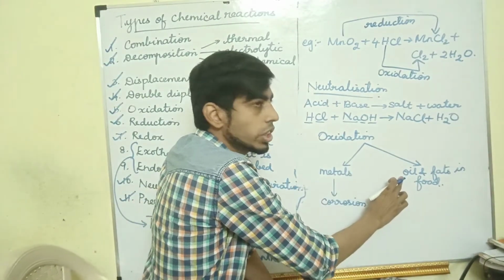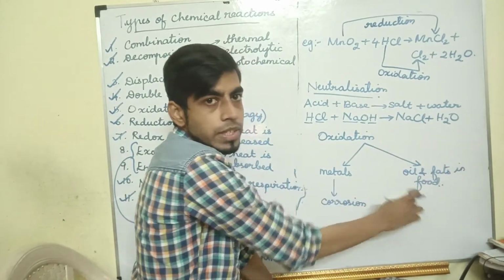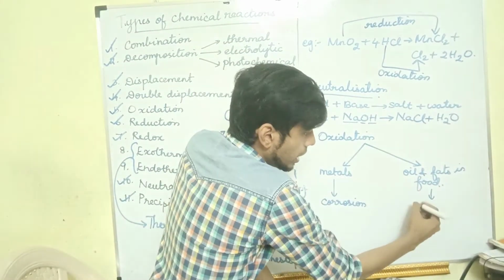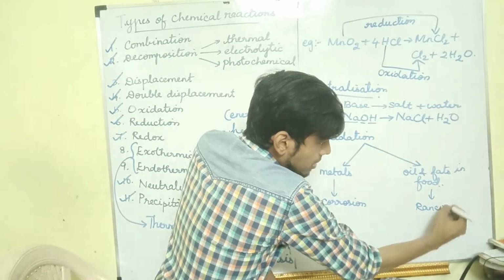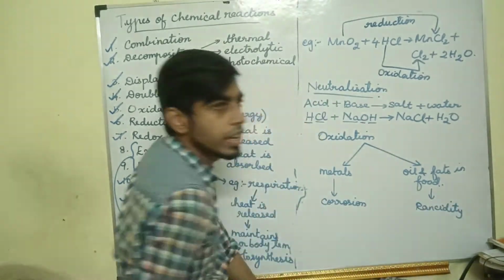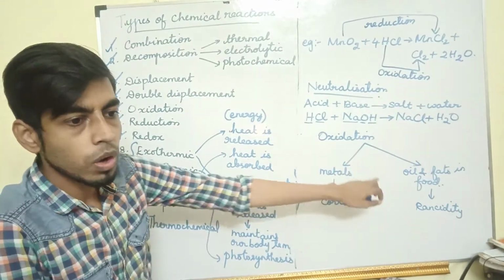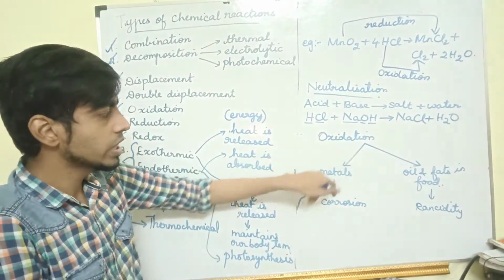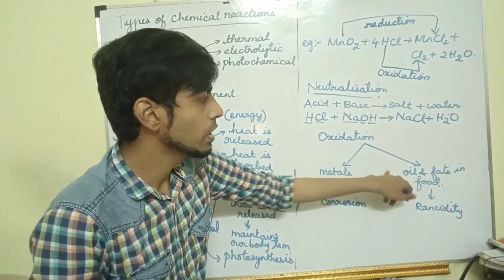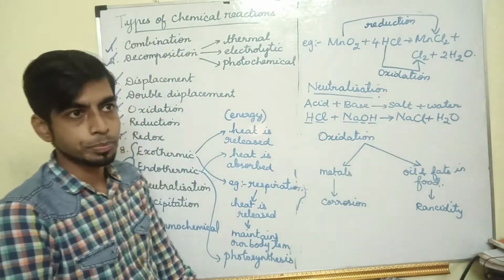Similarly, the oxidation of the oils and fats present in food is called rancidity. So, understood what is corrosion, what is rancidity? Corrosion means oxidation of metals, rancidity means oxidation of fats and oils.